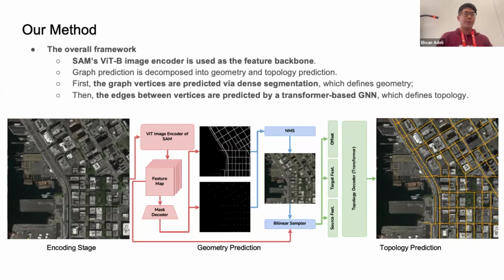The geometry, or the graph vertices, are handled by dense semantic segmentation. We first predict the masks and then use a simple non-maximum suppression to extract the sparsified vertices. And then the edges between the vertices are predicted by a graph neural network, which just wires up the connection of these vertices. This defines the topology.